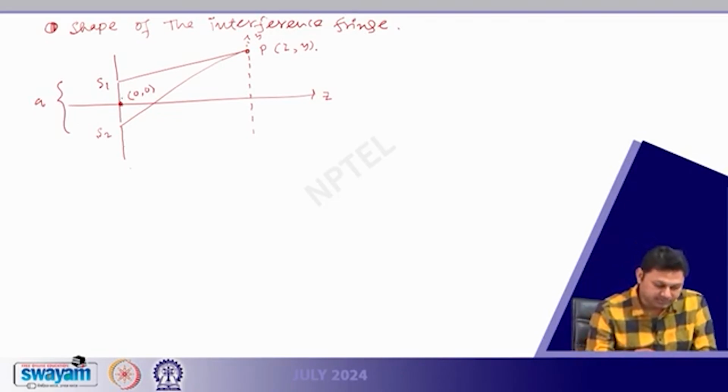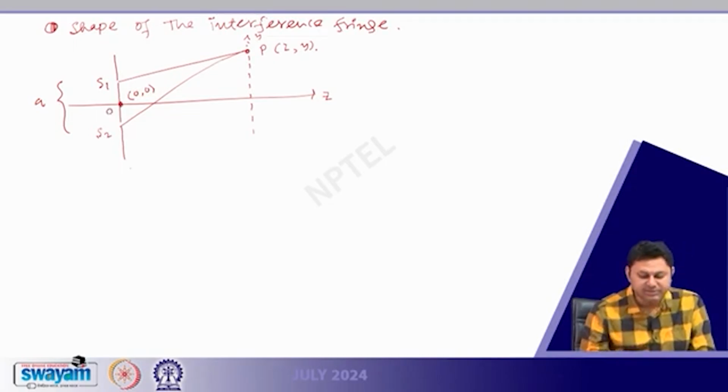The location of S1 in terms of coordinates is 0, a by 2, and the location of S2 is 0, minus a by 2.